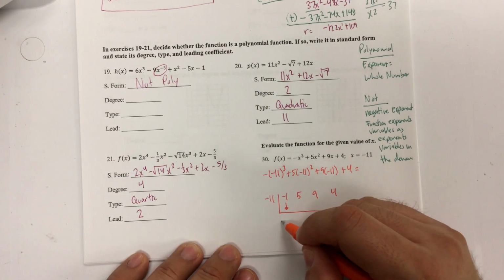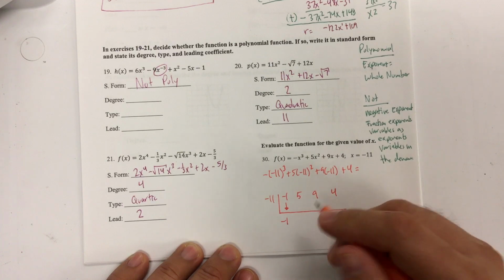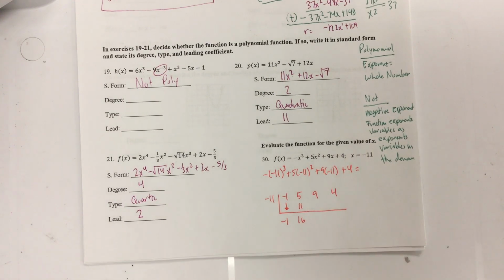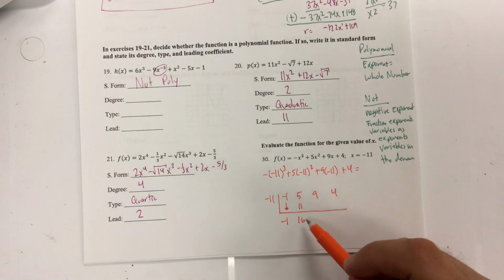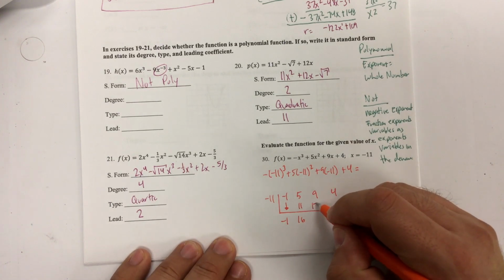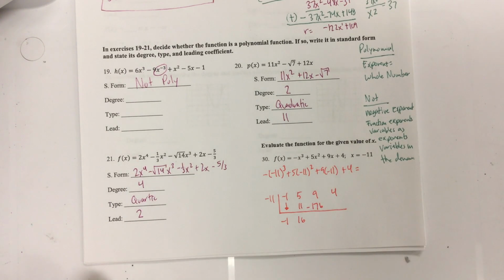So we drop the negative 1. We multiply. Negative 11 times negative 1 is 11. 11 plus 5 is 16. Now these numbers appear to be getting big pretty quick here. So what I am going to do is use a calculator so I don't make any small errors here. So negative 11 times 16 is going to be 176, and that'll be negative.